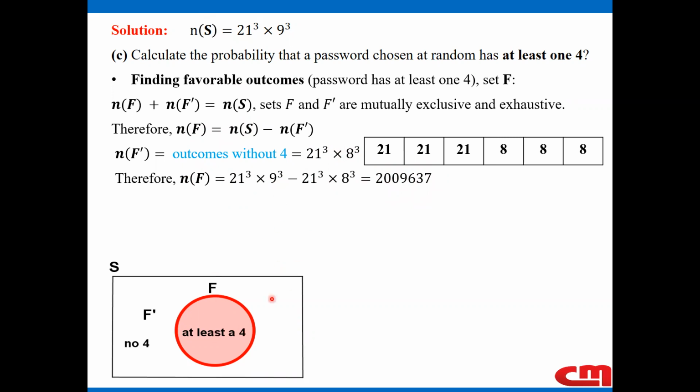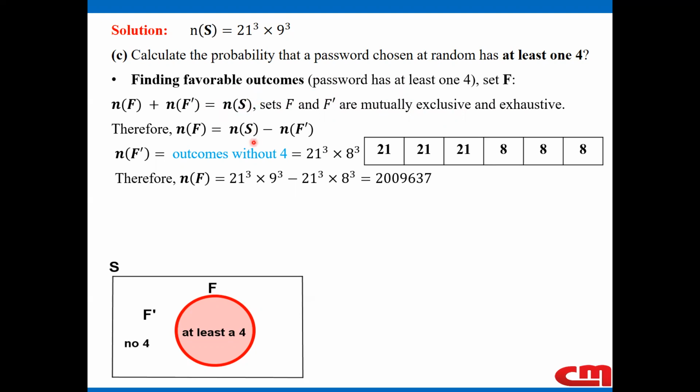And this is the approach that I've used to get to the answer, by knowing that there are 2 sets, a set and its complement, and they are mutually exclusive and exhaustive, because when you add what is in F and what is not in F, you should get the universal set.